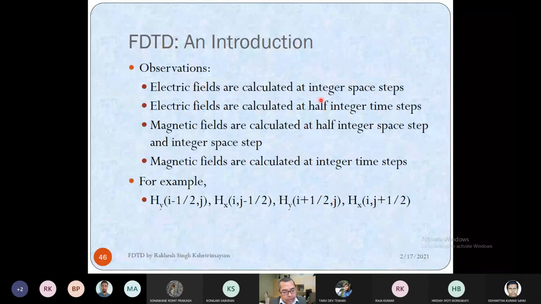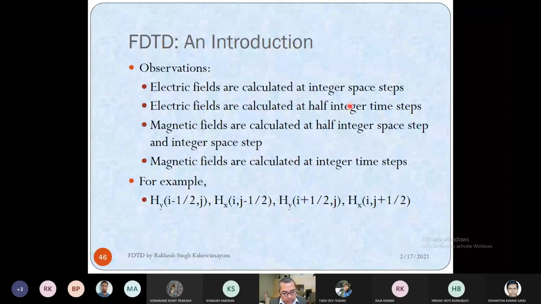So electric fields are calculated. This is what you need to remember when you write the update equation. Electric fields are calculated at integer space steps, and electric fields are calculated at half integer time steps. There are two steps, one for the space, one for the time. So we have seen from the previous master diagram for 2D FDTD, integer space steps we have, but time would be half integer time steps for the electric field.